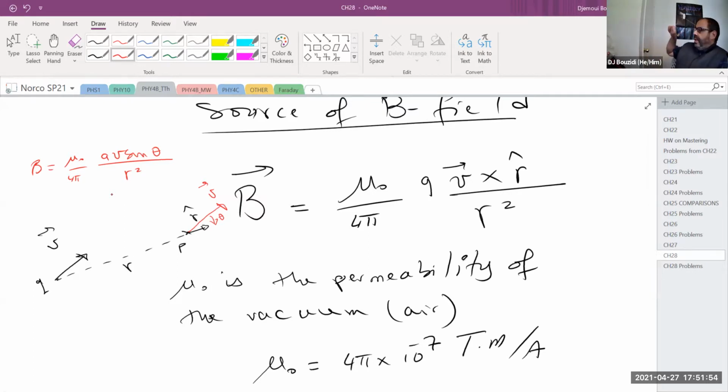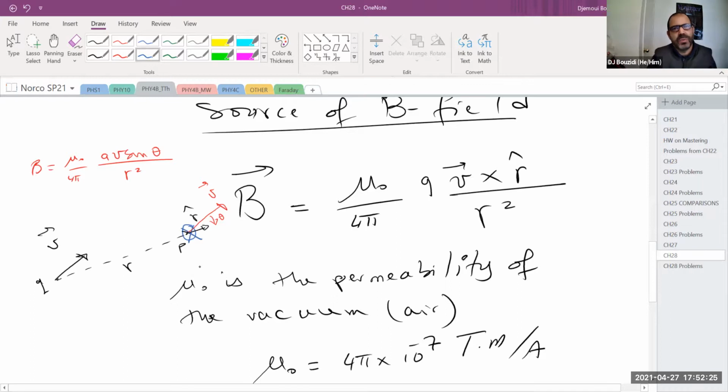So this is where V is pointing upward, like this. The thumb has to point to where V is. The index points to where R hat is. Okay, and then the product of them is where the other one completes it. So according to this picture, the magnetic field should be going into the screen.